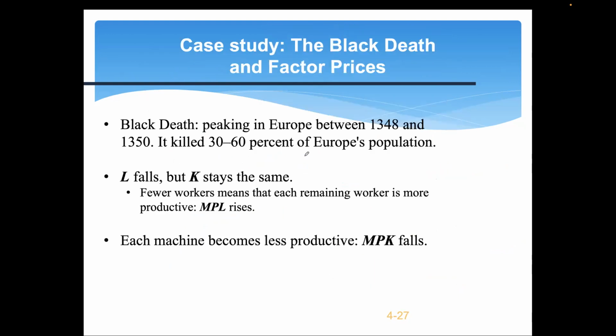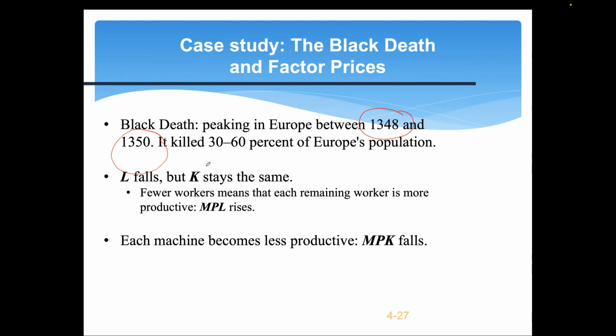To understand the impact of changing labor and the impact of changing technology, how would that affect the marginal product of labor? We can look at a particular case study. In history, in Europe, in the 14th century, and more specifically during 1348 to 1350, the Black Death peaked in Europe.